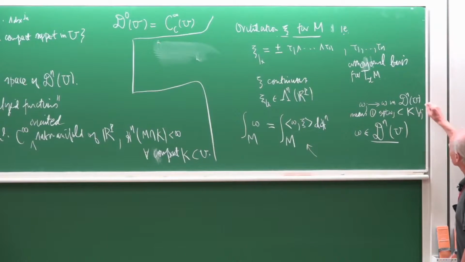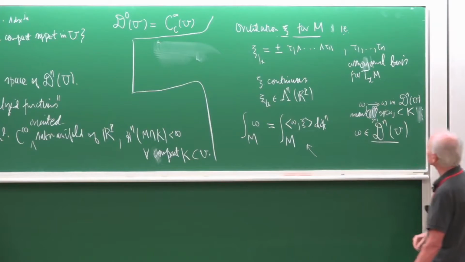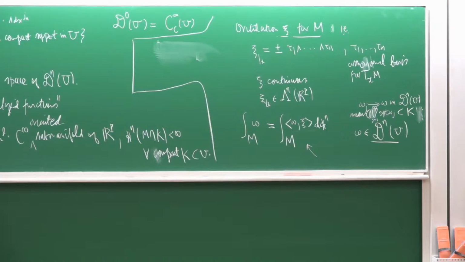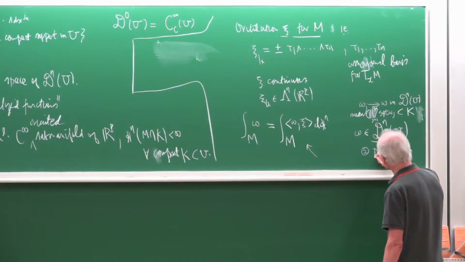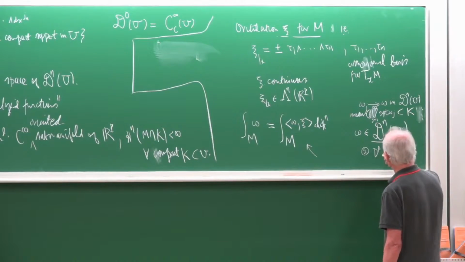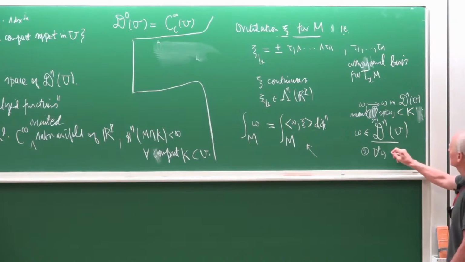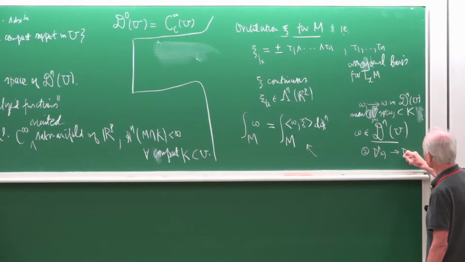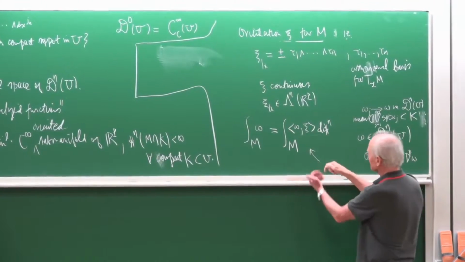First requirement is that the union over j equals 1 to infinity of the supports is contained in a fixed compact set. And the second requirement is that all the derivatives of omega_j converge uniformly to the corresponding derivatives of omega. So that's what we mean by the topology here. And trivially, then, this is certainly continuous.